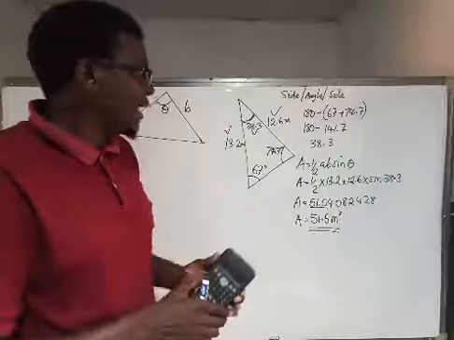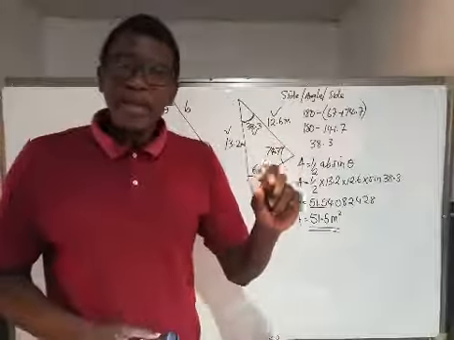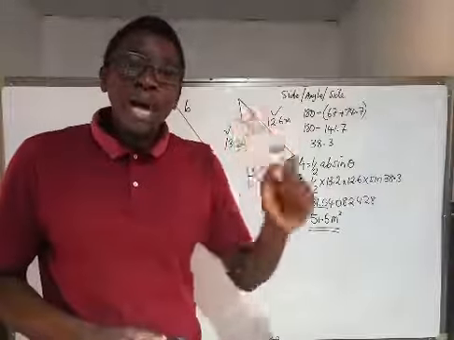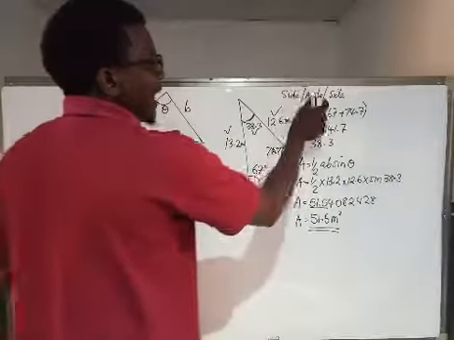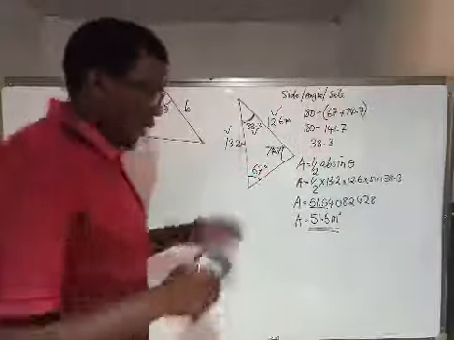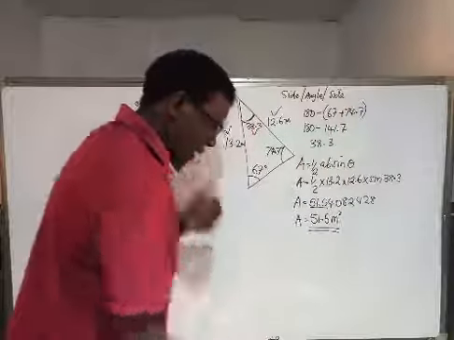Under area, one point you should be cautious of is that you should be able to identify that you have the side, angle, side, when you are required to find the area.